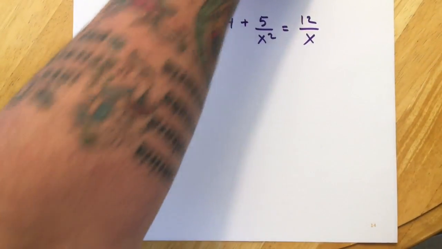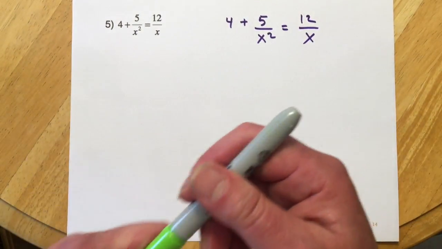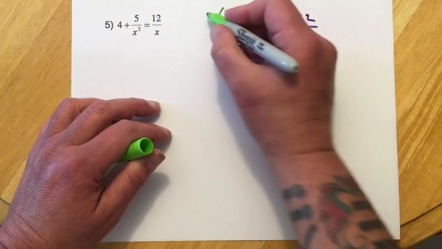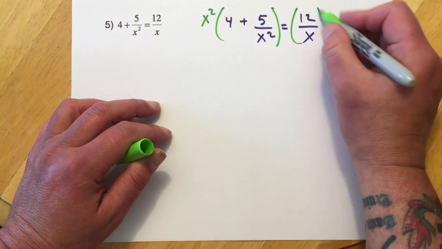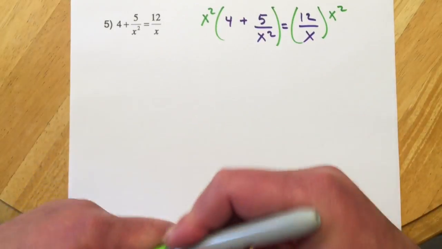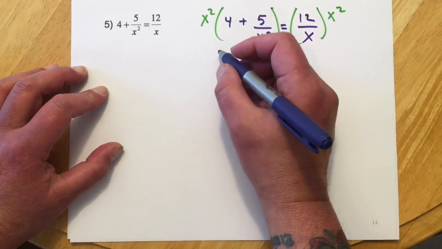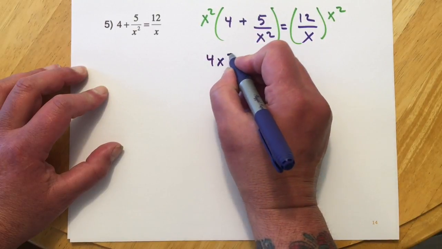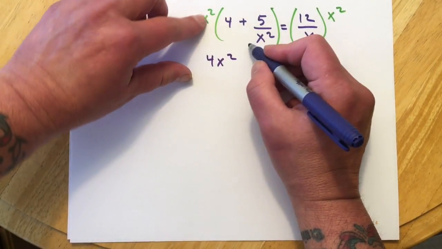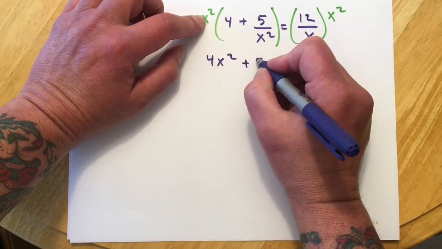So here I'm going to use x squared, because that is my lowest common denominator. So I'll use that to clear these fractions. So that's going to give me a 4x squared. And here x squareds would cancel, so that's just going to leave that plus 5.